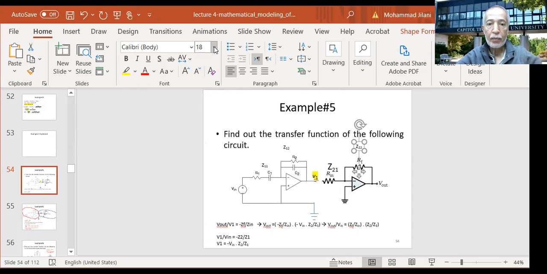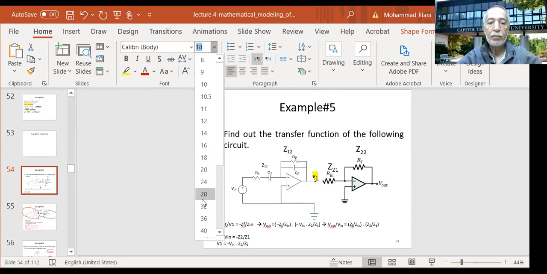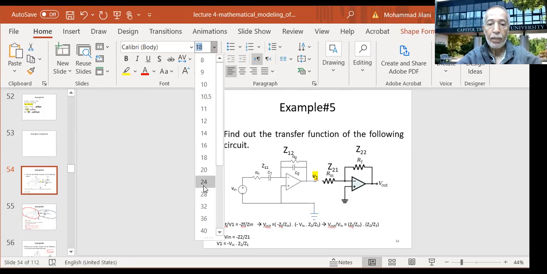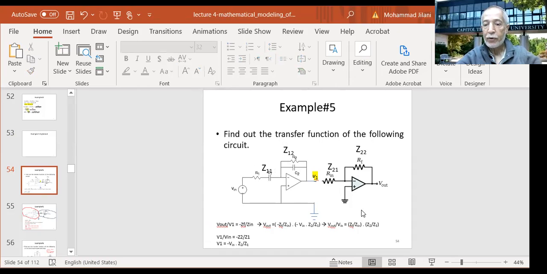I want to make this as visible as possible. Okay. All right. So now, still again, I will do V out versus V1, which is minus Z22.